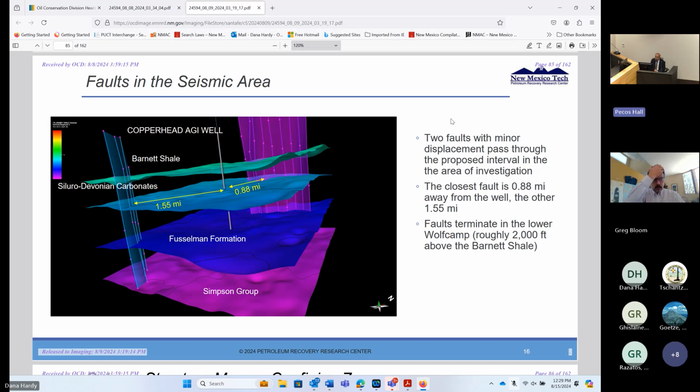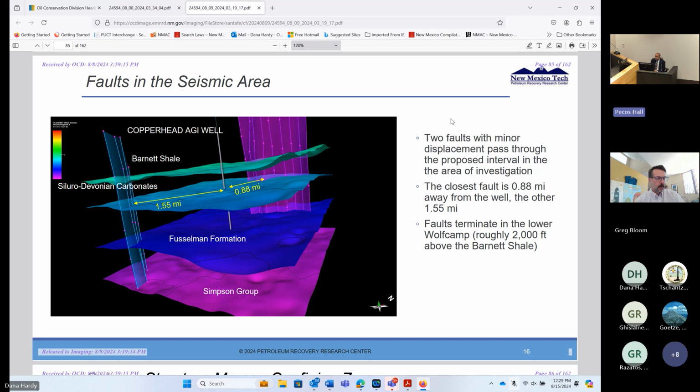Yes, I don't think the brine will reach that point based on our analysis. And I see your concern about potential leakage, but based on our analysis, I don't think we will reach that point. I will probably disagree on that. You have a fault on the same slide, less than a mile away.